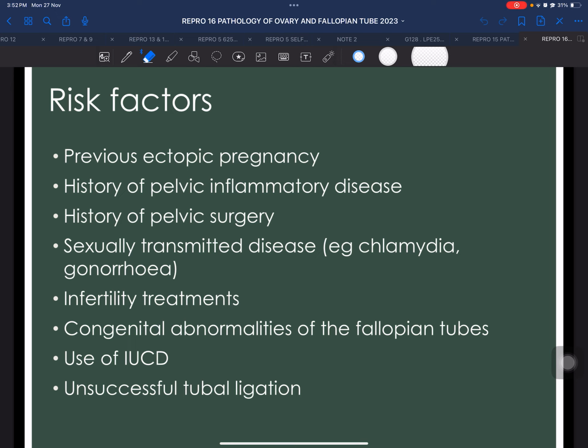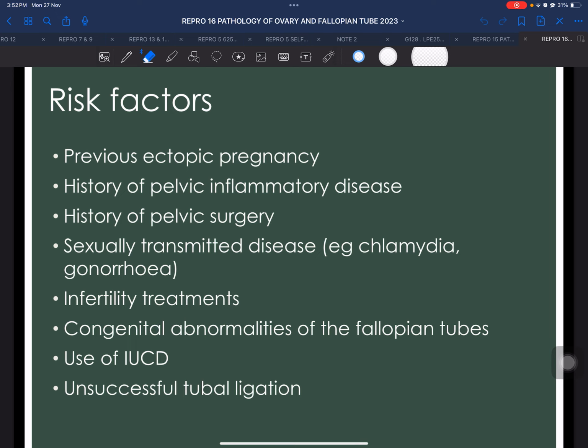Okay. So this is a segment of the fallopian tube that has been removed because of the ectopic pregnancy. Can you see the fetus here? Yeah. Okay. So there are blood clots. The fallopian tube is distended with the presence of blood and the fetus.